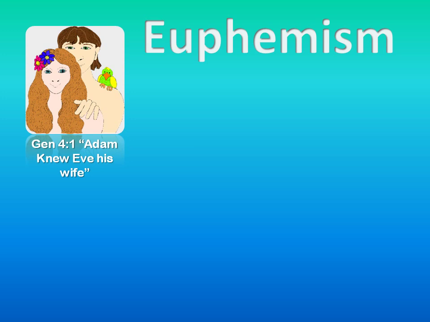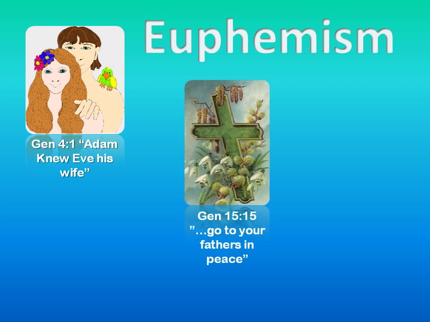In Genesis 4:1, we read Adam knew his wife Eve, which is an insightful euphemism for having sex. And in Genesis 15:15, Abraham, we read, would go to his fathers, a euphemism for death.